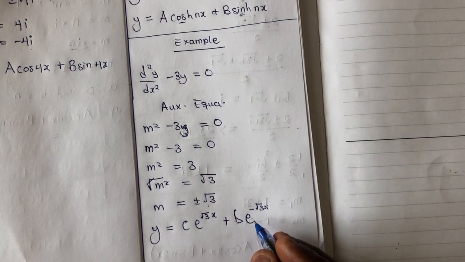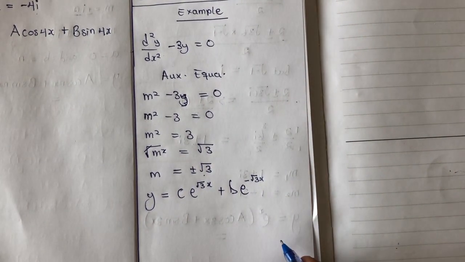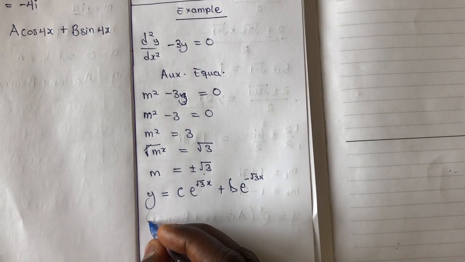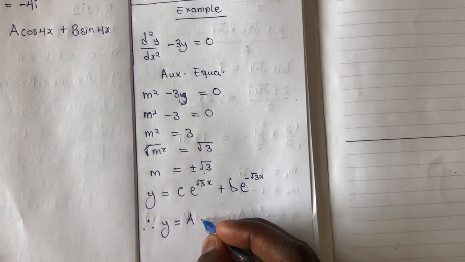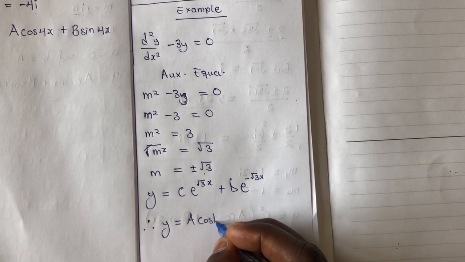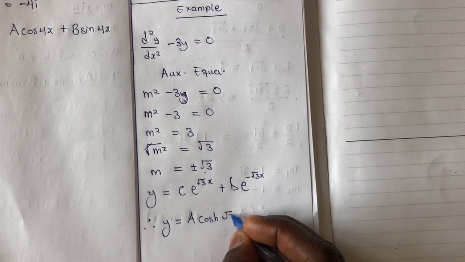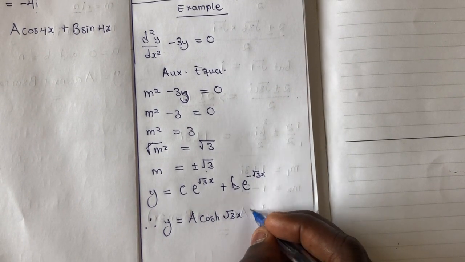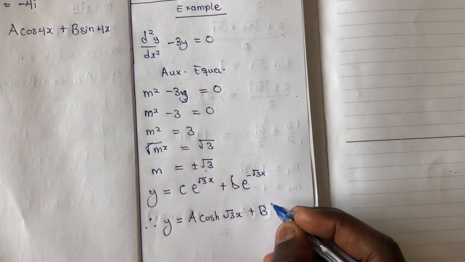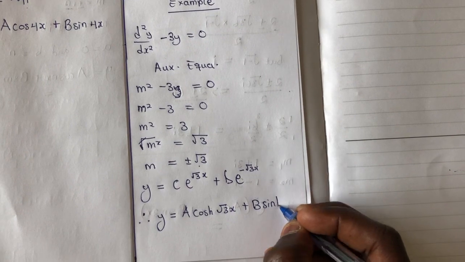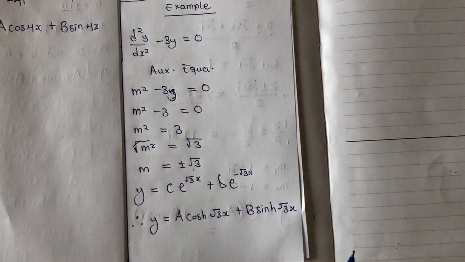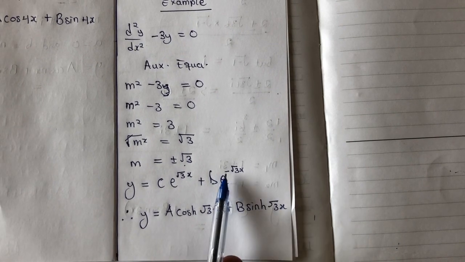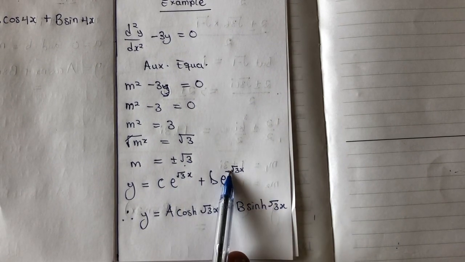But you don't leave your answer like this. You change this into hyperbolic function by saying therefore y equals a cos root 3x plus b sin root 3x. Remember that this formula has already taken care of the negative here.